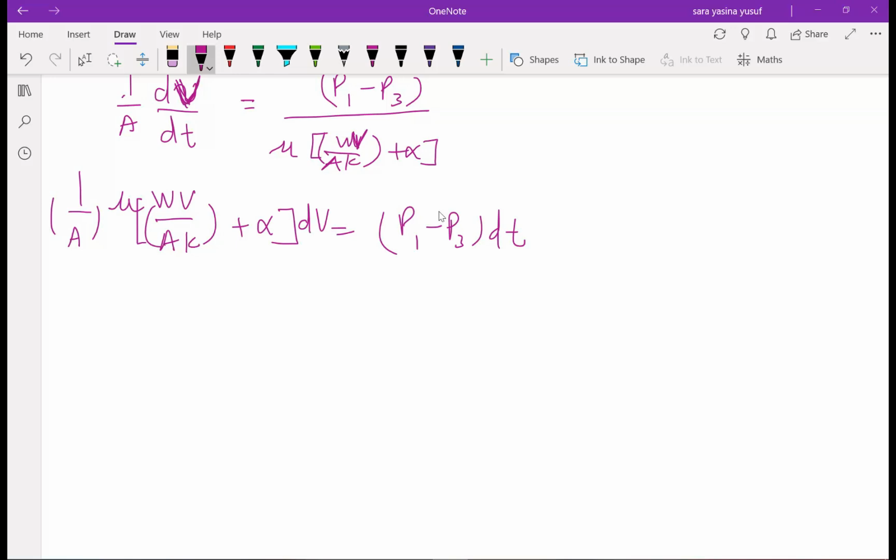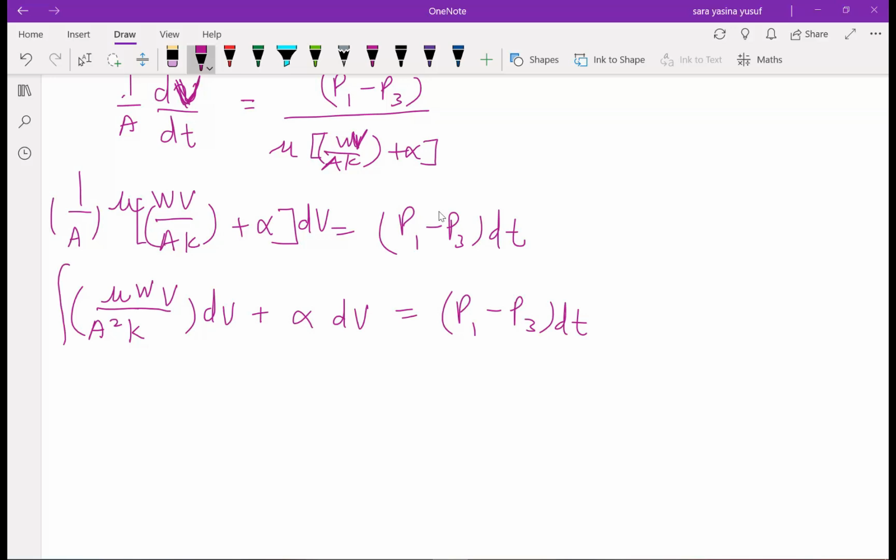Okay, mu over A square K W V dV plus alpha dV. Okay, so now we are going to do some integration kepada this equation ataupun expression.